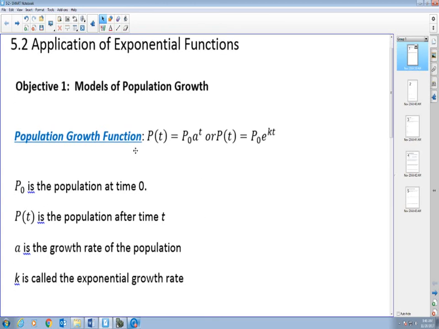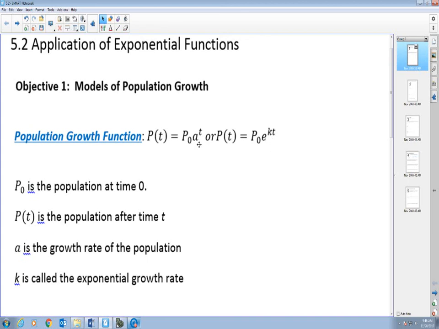The population growth function, here I have two of them. The first one is P of t equals P naught times base a to the t power, or we can have P of t equals P naught times e to the kt power. This e is just another base that we can use.